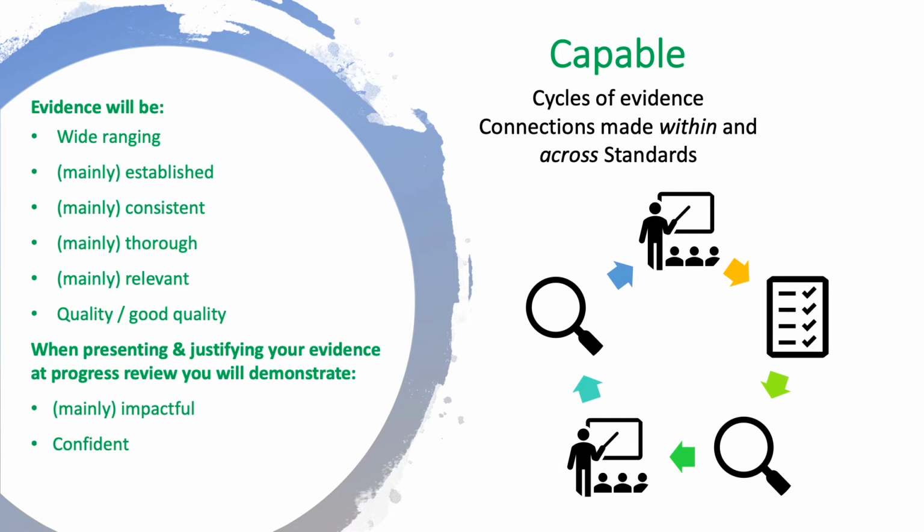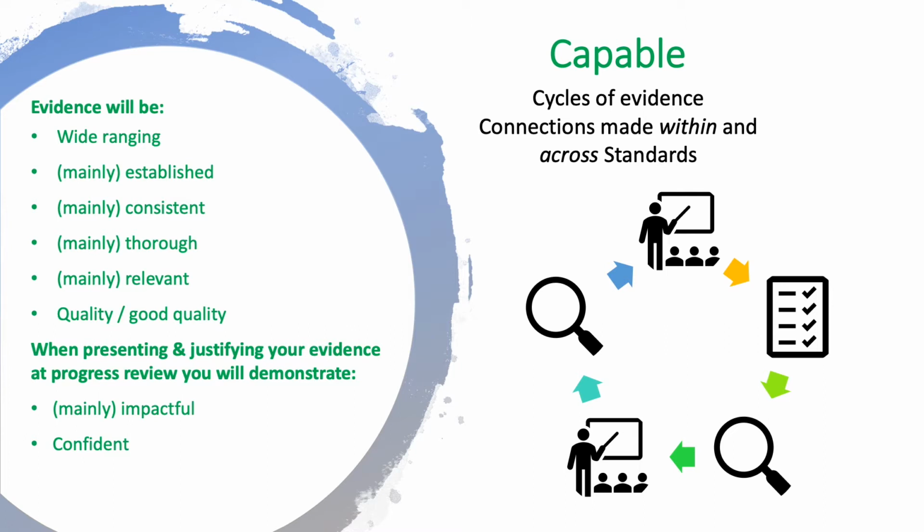But what the teacher might also be doing is looking for links within and across standards areas at the capable stage. So, for example, using evidence of collaboration to support the advances in pedagogy, using evidence of professional learning to underpin decisions that were made in learning and teaching plans.